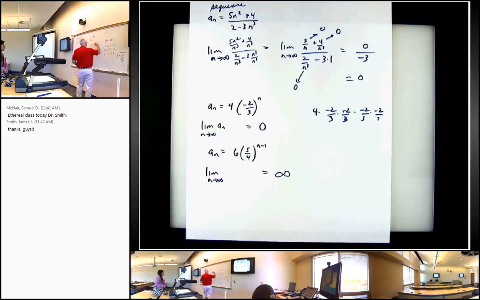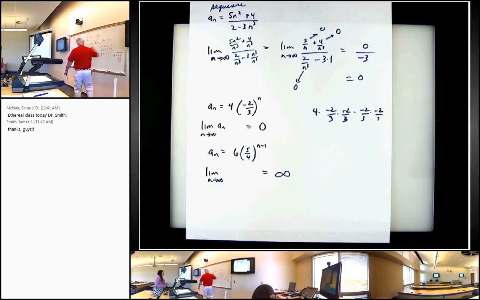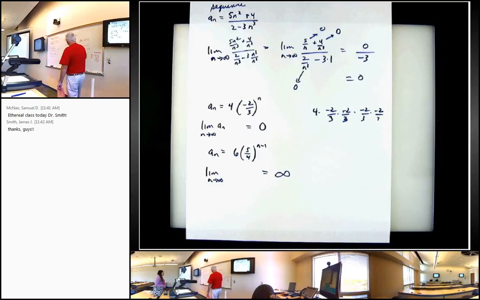If we try to directly compare it with 1 over n squared, which is the obvious choice, the p-series, notice that n squared plus 1 is greater than n squared. So when we take the reciprocal, it's less than 1 over n squared, and we know that series converges, since p is equal to 2. But this is what we call the comparison test, where we're directly comparing bigger than or less than. In this case, we can't use that test.